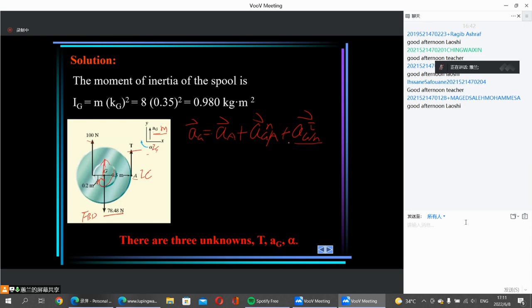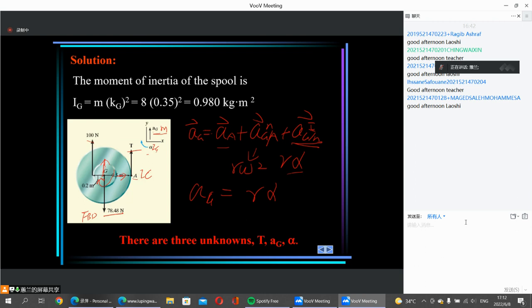The tangential acceleration is equal to R alpha, and AGN is R omega squared, relative to A. So actually we have AG equal to R alpha.